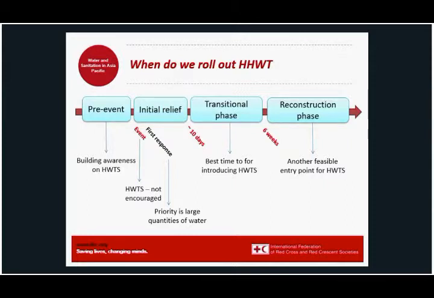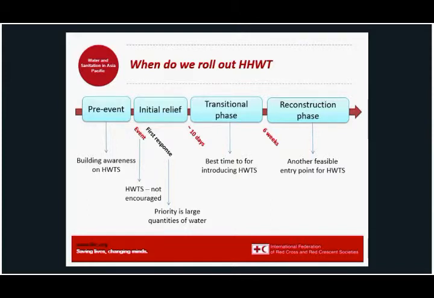So from the initial relief, we are now talking about the transitional phase, and it can be starting from 10 days after the disaster up until 6 weeks. It might be possible to introduce household water treatment during this phase, especially if there is existing or prior knowledge of household water treatment.